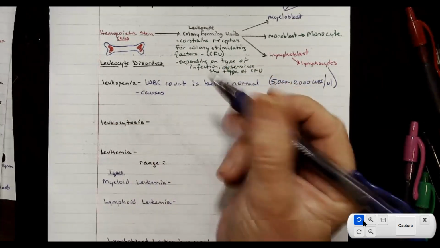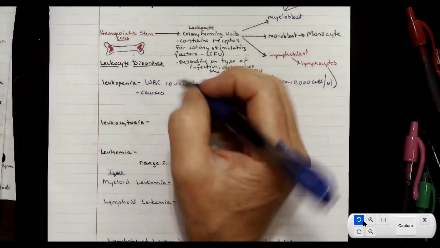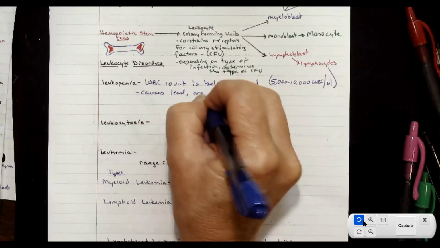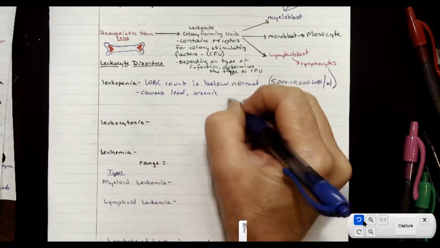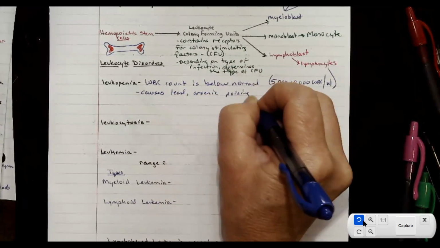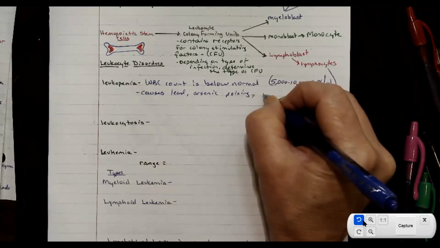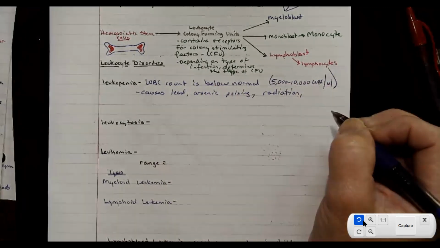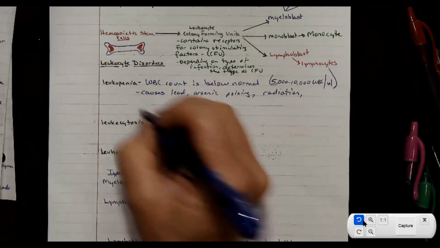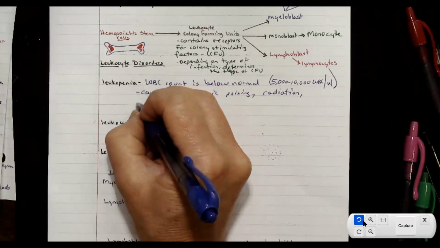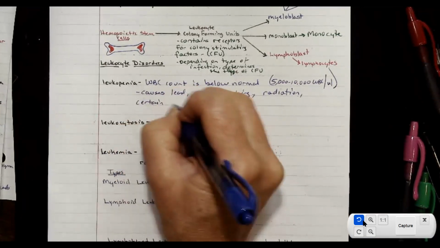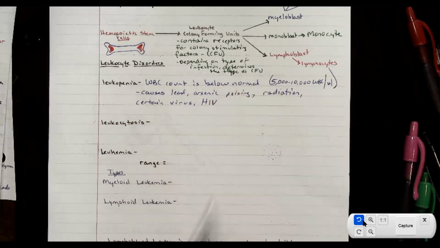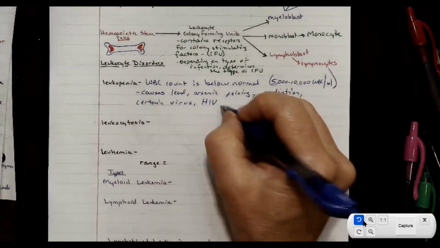Anything basically that depresses the immune system, or poisoning, lead, arsenic poisoning, radiation can suppress your immune system and your white blood cell count, certain viruses, HIV, such as polio.